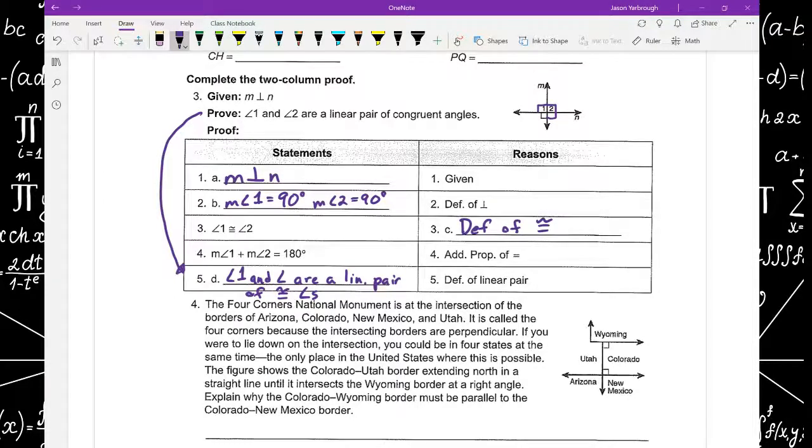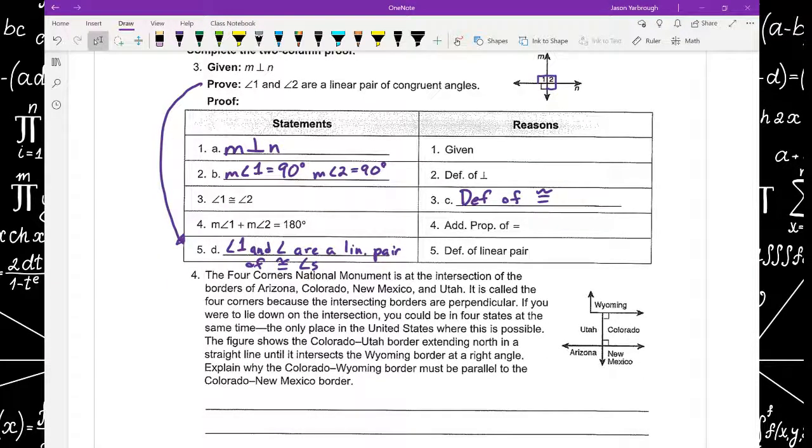And then the next step they have is just adding angle 1 plus angle 2, giving them 180 degrees. It's the addition property of equality. They added 90 plus 90. And then that shows, because of step 3, where they know that they're congruent, and that they add up to 180 degrees, then we know that's the definition of a linear pair.